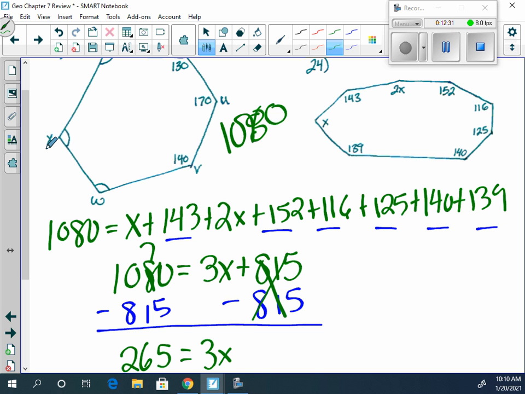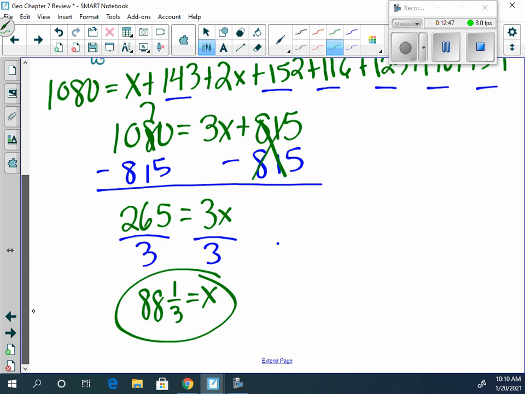Yeah, 139, 140, 125, 116, 152, 2x, 143, x, 1, 2, 3, 4, 5, 6, 7, 8. Yep, I agree with that. 88 and 1/3 makes more sense, so that's the correct answer. Do we all agree with 88 and 1/3? This is wrong, because I think the back of it says 125 for 24. Yeah, so that's not right. I'll have to fix that later.